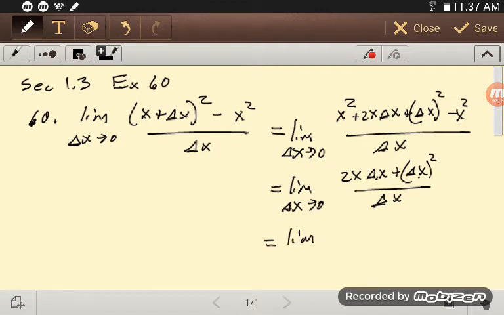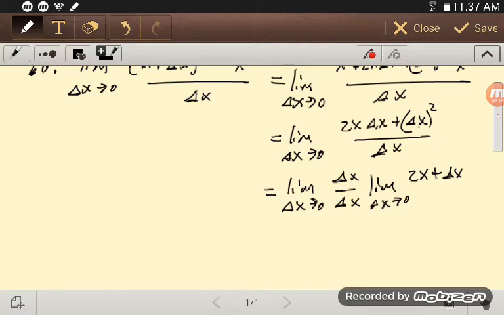So I have the limit as delta x goes to 0 of delta x over delta x times the limit as delta x goes to 0. And what I had left on the bottom was just 1, so there's nothing left down there but a 1. On top, I have my 2x plus delta x.